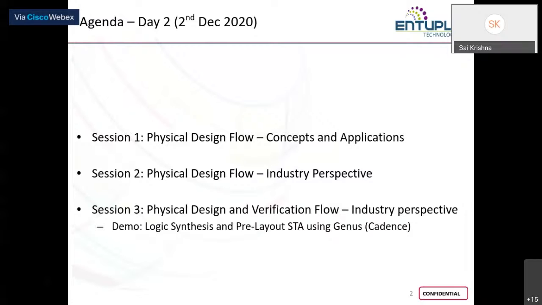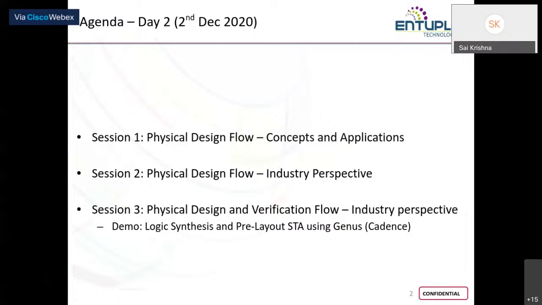And when it comes to timing analysis, we have also understood how exactly timing analysis is done, right? So before we actually start today's session, we'll be starting with the physical design flow, initially covering all the concepts related to it, and then the industry perspective, and adjacent to it would be the demo using Cadence Innovus tool.